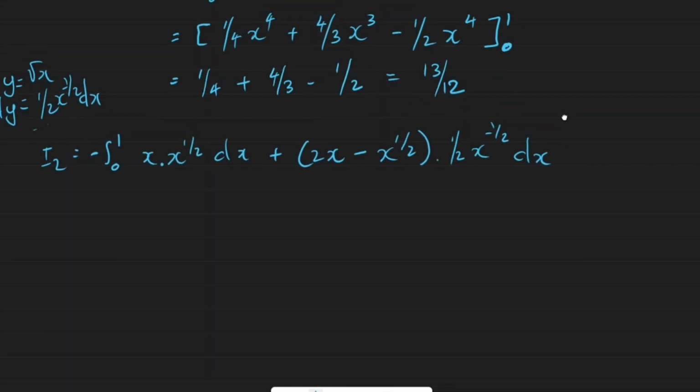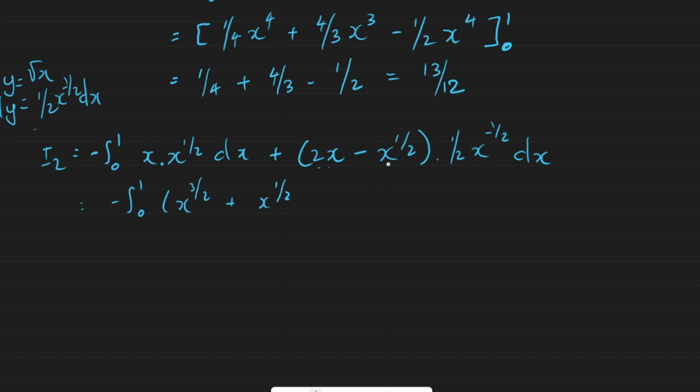Simplifying that, what we get is the integral from 0 to 1 of x to the power 3 over 2, that's 1 plus a half, plus now we have a half times 2, which is just 1, and x to the power 1 times x to the minus half. So 1 minus a half gives us a half. So this term becomes x to the power half.